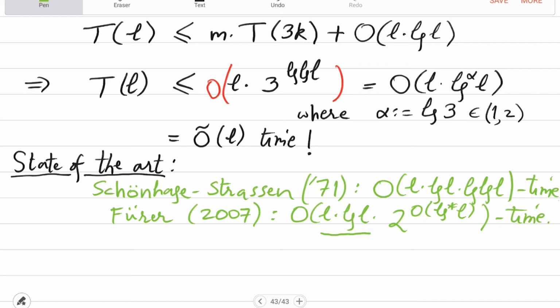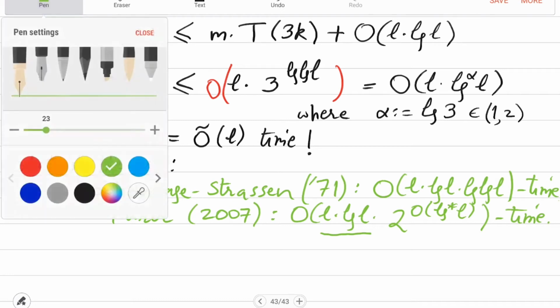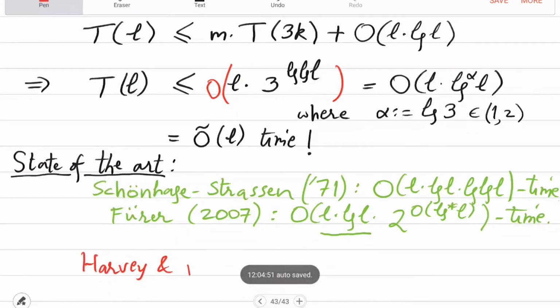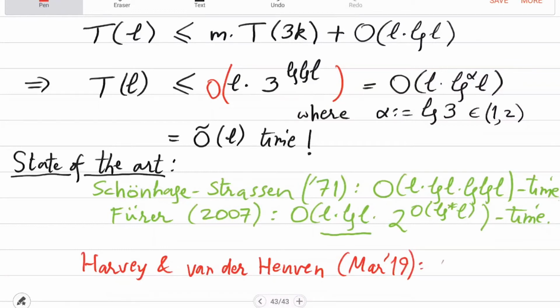So that problem has been resolved just 9 months ago. Okay, so last year, Harvey and van der Hoeven made it all L log L time.